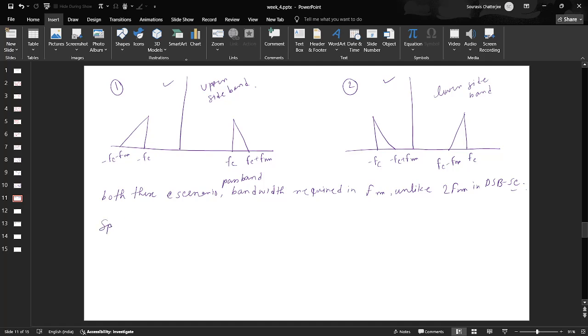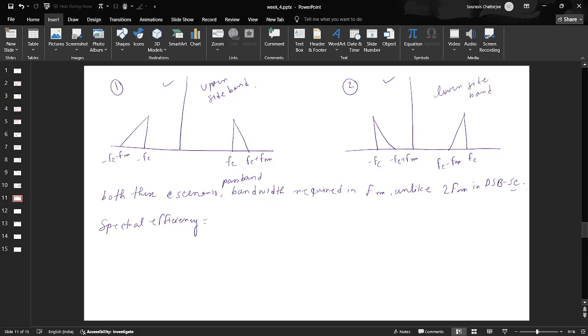Now in communication, we use a metric called spectral efficiency. We won't get into much detail about that as of now, but it's a metric that is used to quantify how efficiently you are able to transmit the information. Since I talked about bandwidth being currency, it's like in a restricted or limited bandwidth, how much data you can reliably transmit.